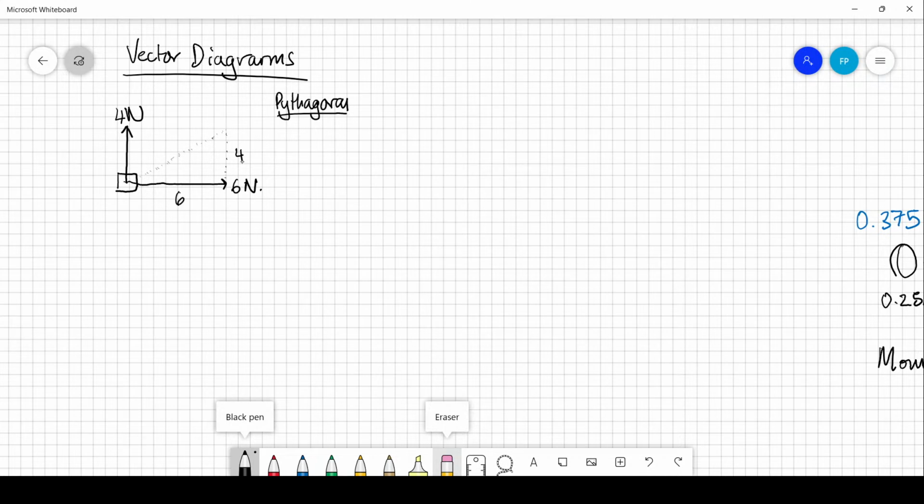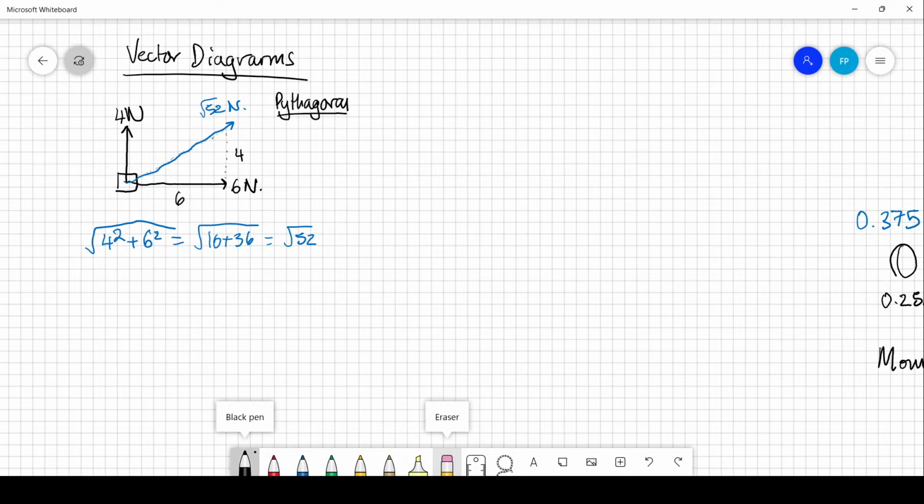So if we've got 6 here and 4 here, this resultant force going in this direction, which I'll draw in blue, is equal to 4 squared plus 6 squared. Let's just say it's the square root of 52 newtons. And you would use a calculator in an exam to work this out.